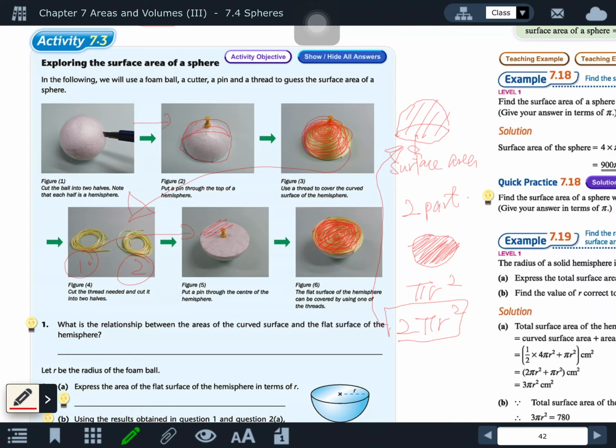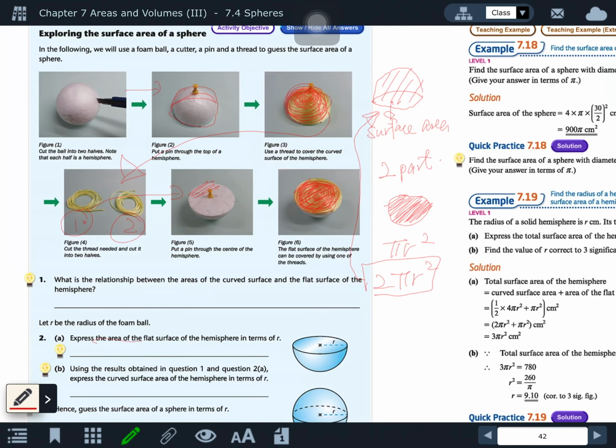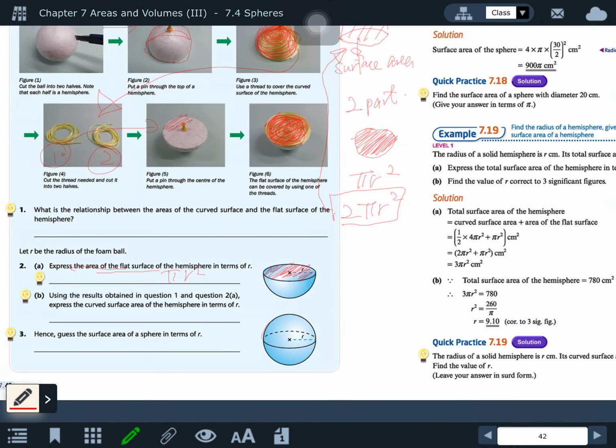So the flat surface area is pi r square. This part is pi r square, then we combine it: this part represents 2 pi r square, and the bottom part is also 2 pi r square. So in total, the surface area of a sphere is 4 pi r square.